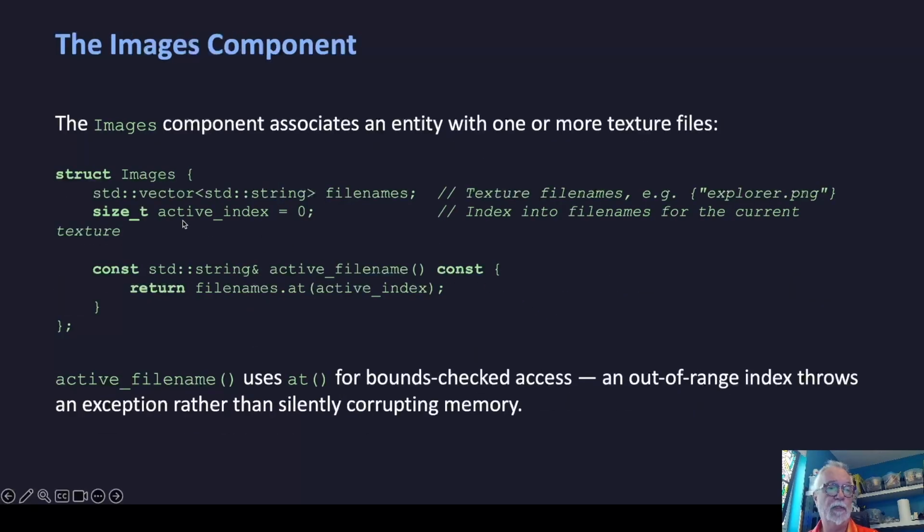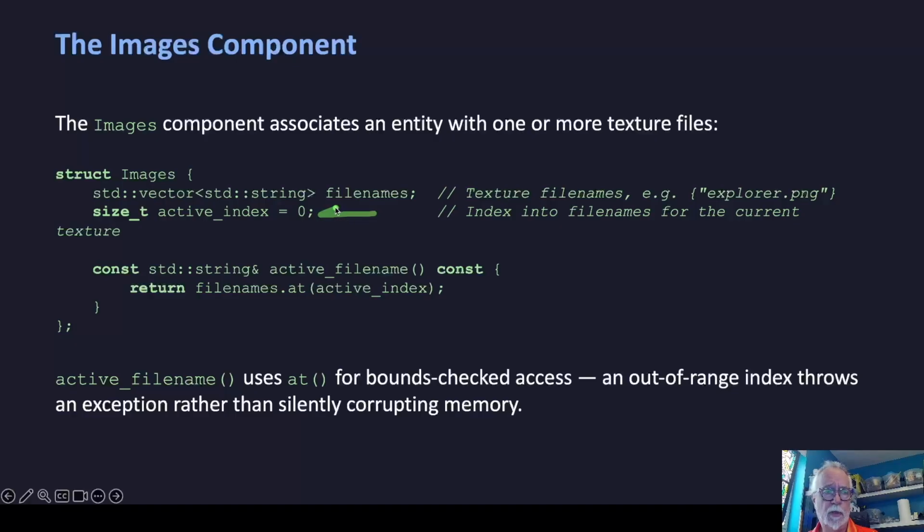So my images component has an array of images, but wait a minute, we're storing strings. That is correct. We don't store textures in this component. We store file names, which the Resource Manager will manage for us. So I don't have to deal with loading images in here. I just have to keep the names.